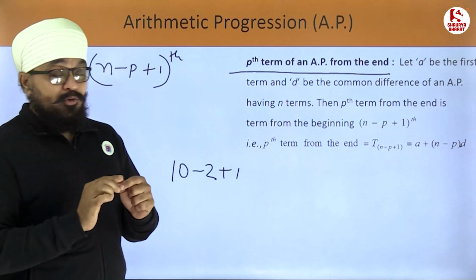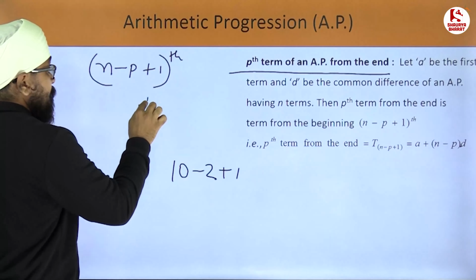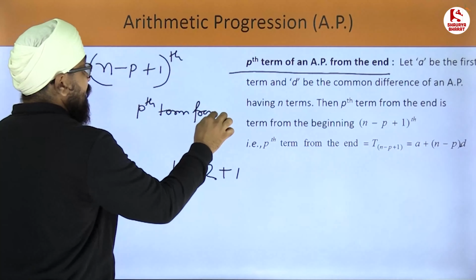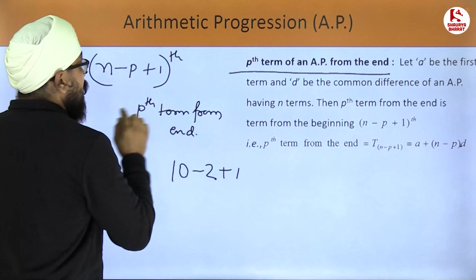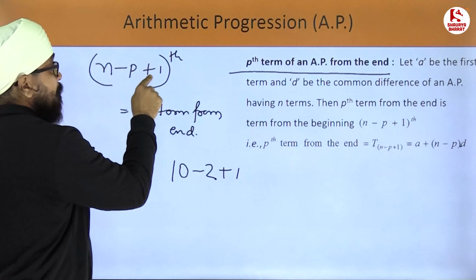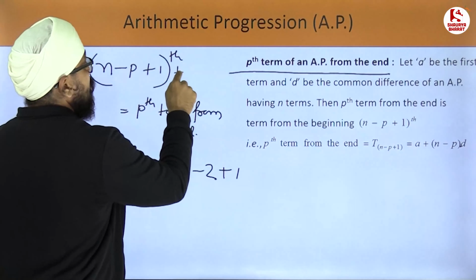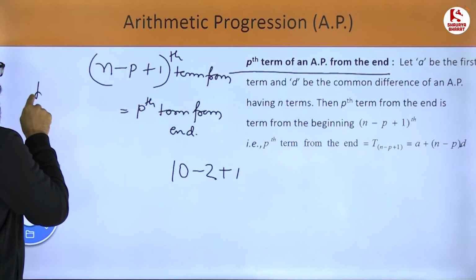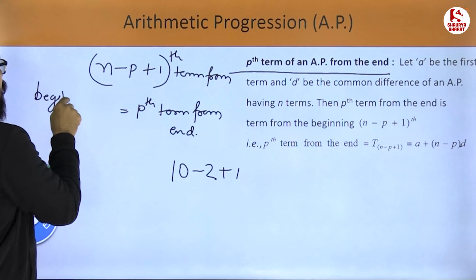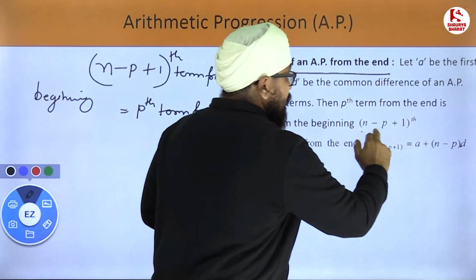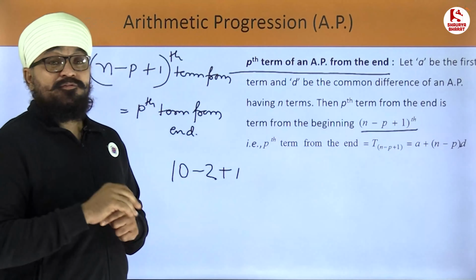Means the pth term from the end is nothing but the n minus p plus 1th term from the beginning. Clear? So, it is the n minus p plus 1th term from the beginning.